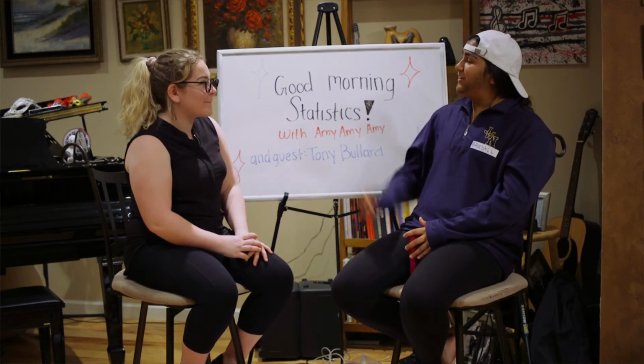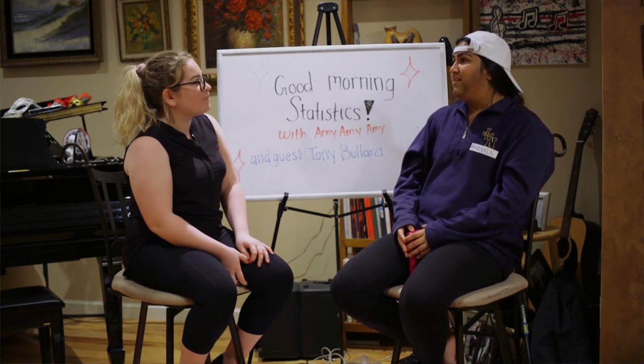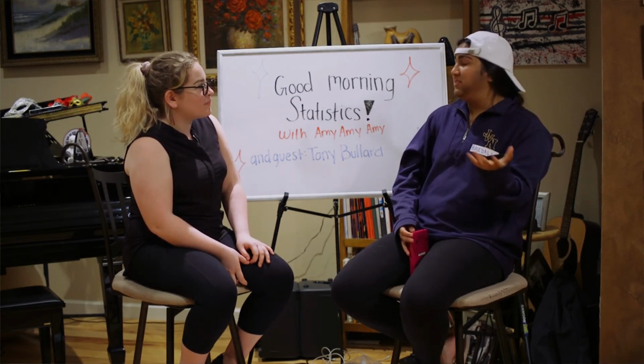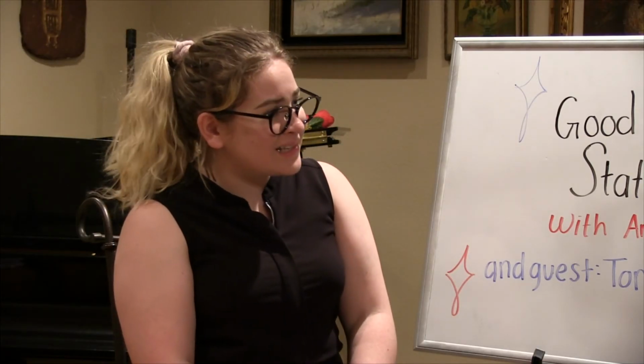Actually, funny story, we did end up testing the subjects separately, and for every other subject besides AP Spanish, we would actually fail to reject the null hypothesis. Wait, what? Pay attention, Amy.